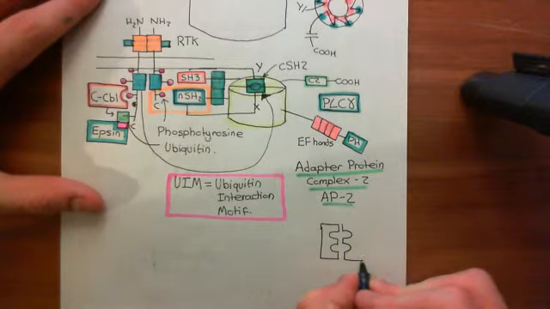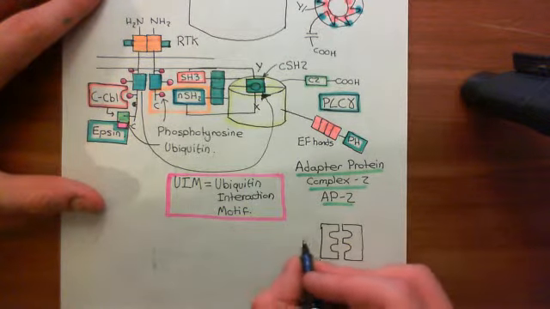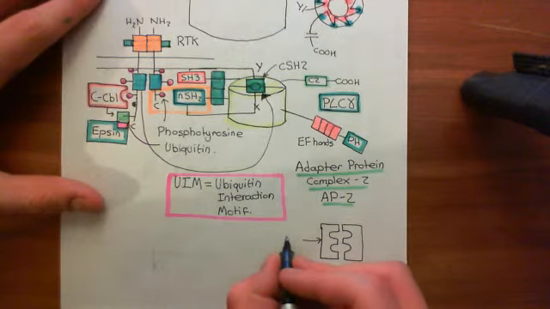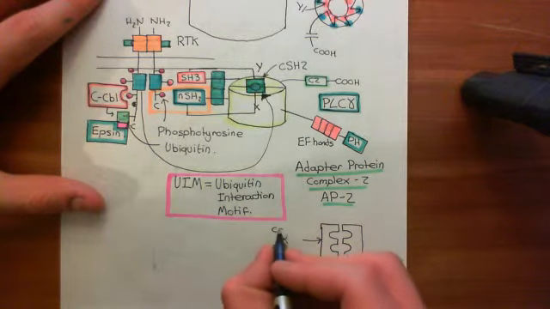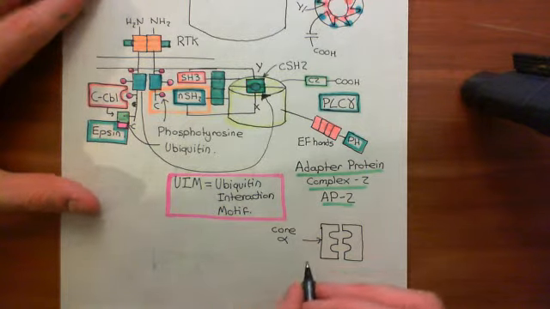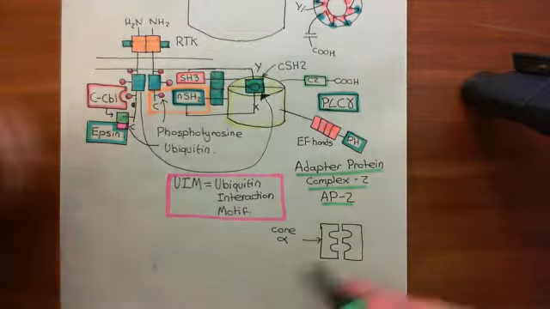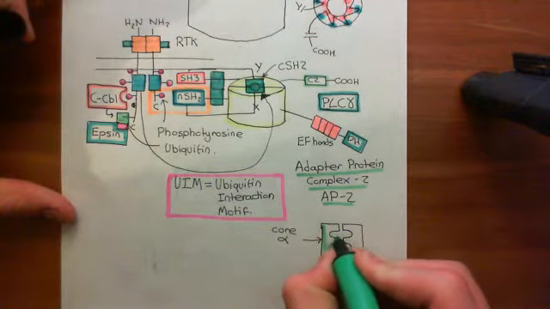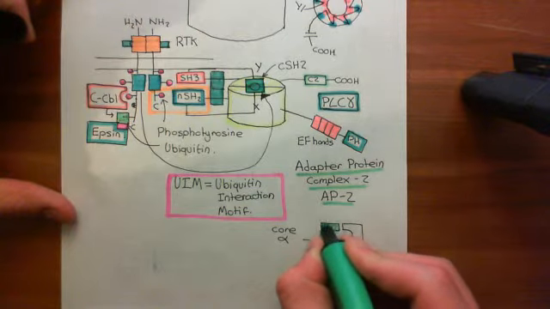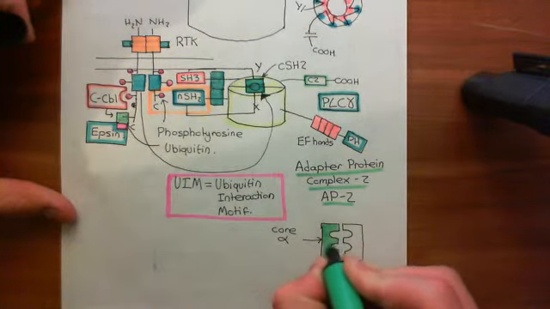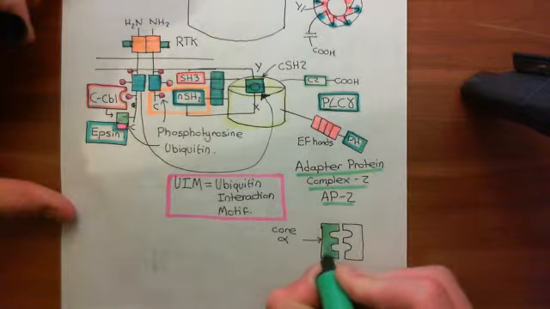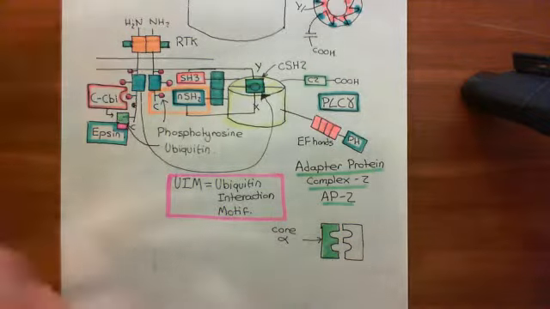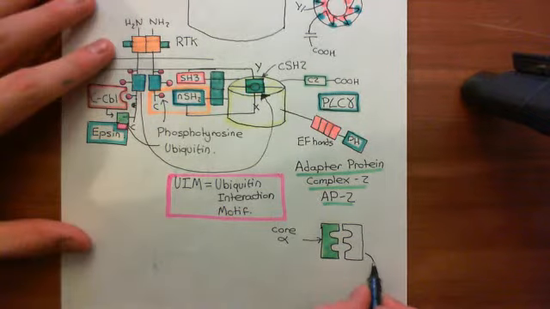So this portion here is the core domain of the alpha subunit. I'll colour this in green here. And the portion that's opposite it represents the core portion of the beta 2 subunit. So this is the core domain of the beta 2 subunit here.